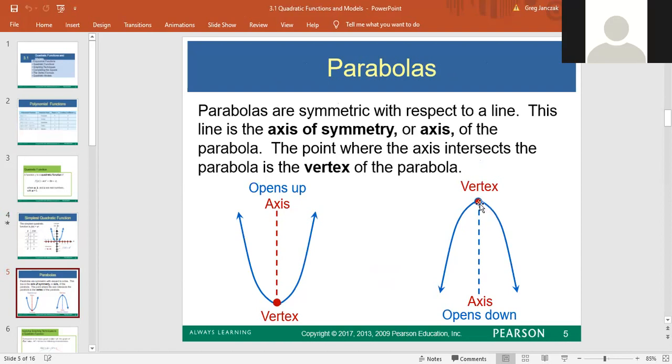Now the axis of symmetry acts like a mirror. So however far the distance is from this axis of symmetry out to one side is the same distance out to the other side. Where y values are the same, the x's are going to be the same number of squares out from the axis of symmetry.